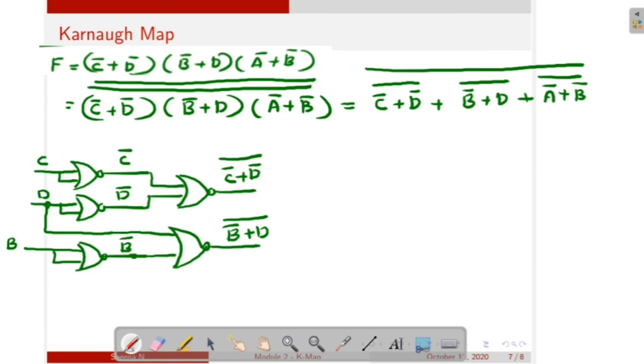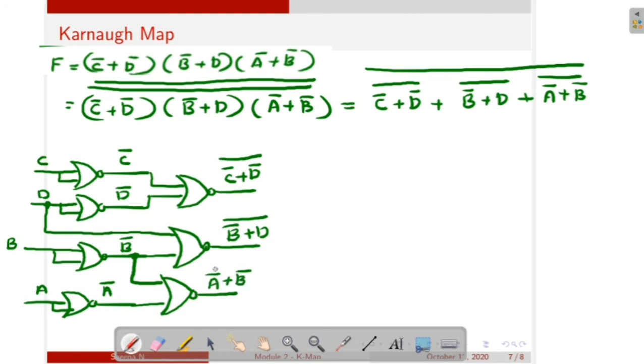Next we take this B bar and A is given to a NOR gate. So here it is A bar. Then these two inputs are given to a NOR gate, that is A bar plus B bar whole bar. Next these three outputs are given to another NOR gate.